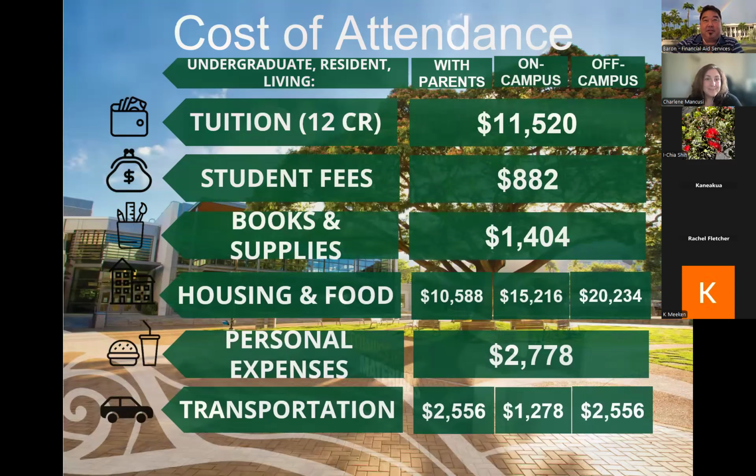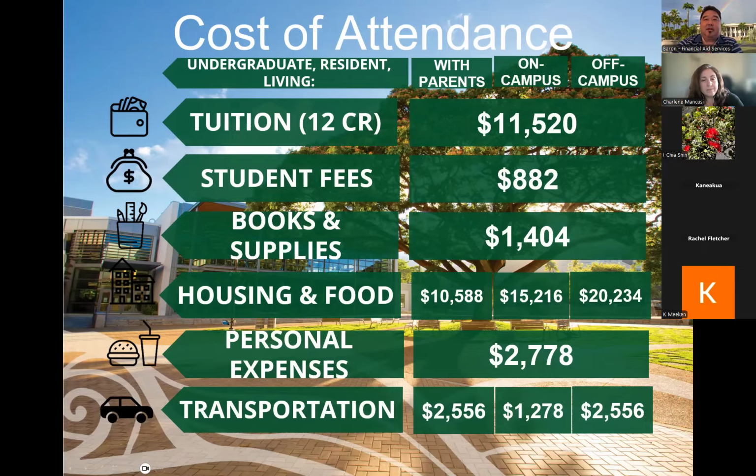So financial aid is where we need an actual cost of attendance to see the maximum amounts of aid the student would actually need for the academic year. This cost of attendance includes tuition and housing, depending on whether the student is living with their parents, on campus, or off campus.